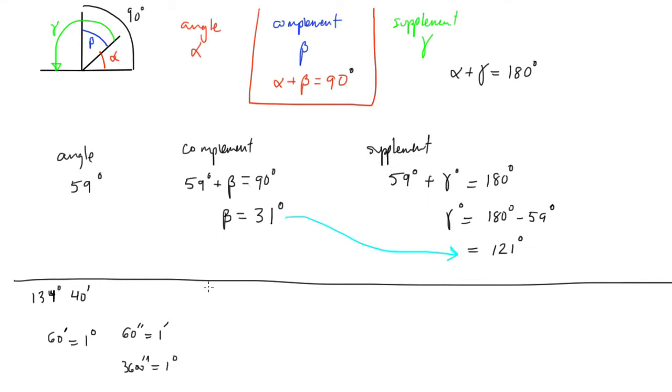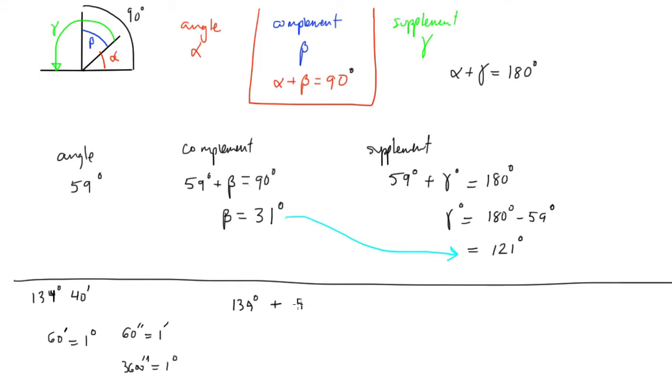Okay, so let's convert something between these two measurement systems. Let's take the 134 degrees and 40 minutes. The way that you convert this to just plain old degrees is, the degree part is easy. 134 degrees, 40 minutes is 134 degrees plus some stuff. And for the stuff, if 40 minutes is what we've got, and 60 minutes is equal to 1 degree, then you can approach this like a unit conversion problem in science.